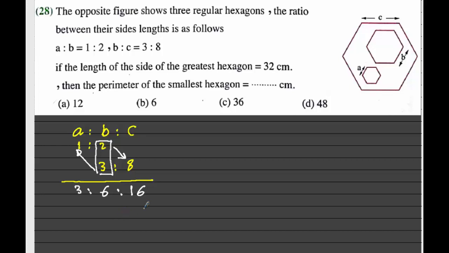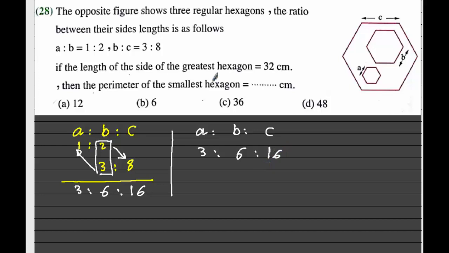So the ratio between A to B to C is 3 to 6 to 16, okay?